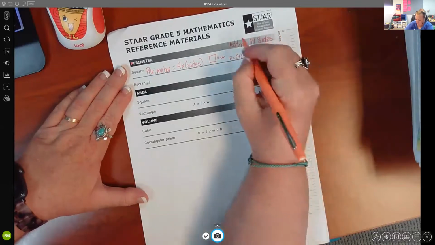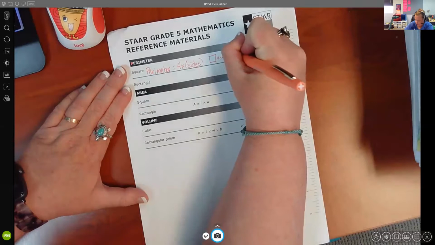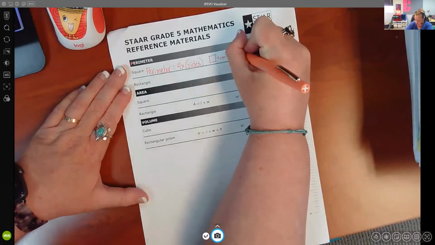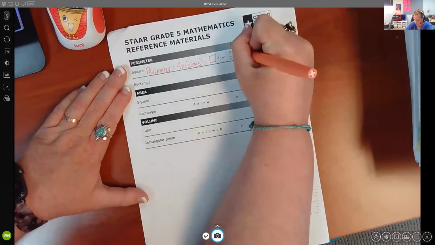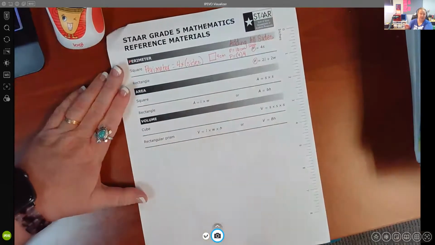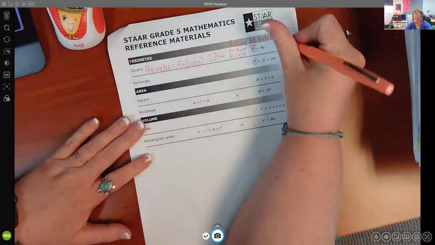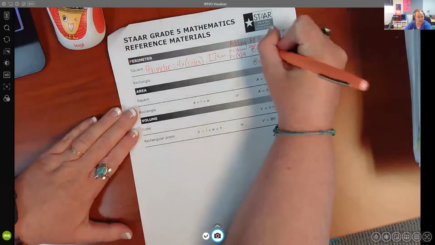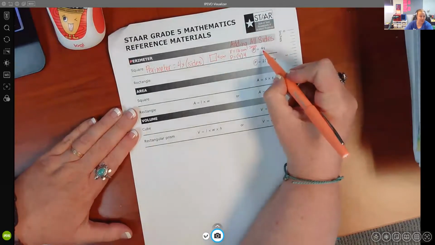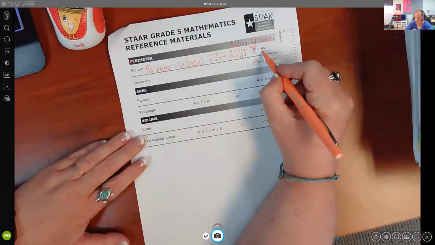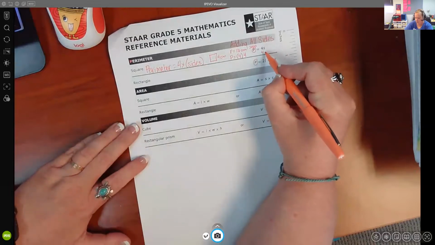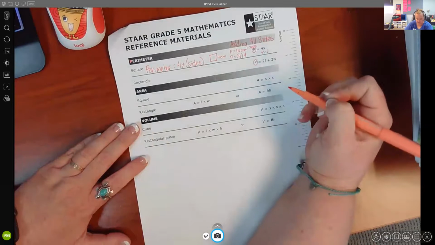So 4 times 4 is 16. So our perimeter is 16 centimeters. And since it's perimeter, it's just the units. It's not squared, not cubed, nothing. And remember, anytime a number is next to a letter, it is multiplication. So this is 4 times sides.